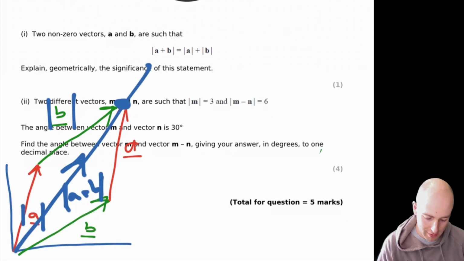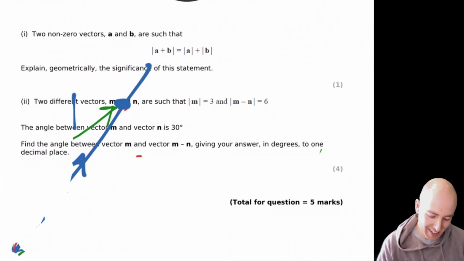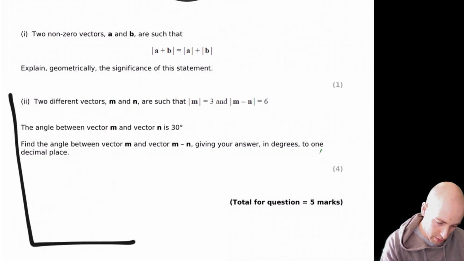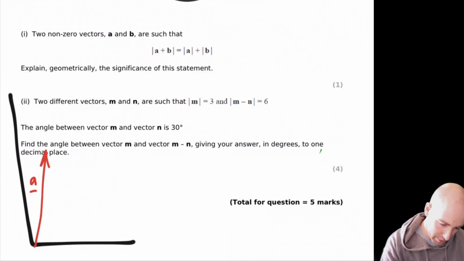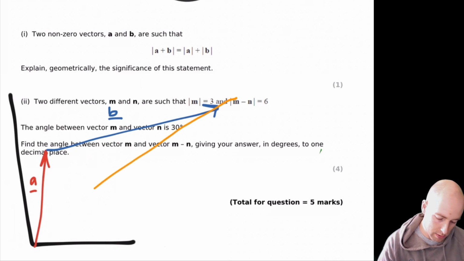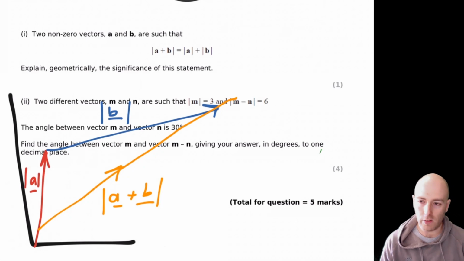So all I've drawn is, if I get rid of this, let's draw it again. I'd like you guys to get this. So here's A, here's B. What does it mean if A plus B, which is this line here, is the size of this is equal to the size of B plus the size of A?